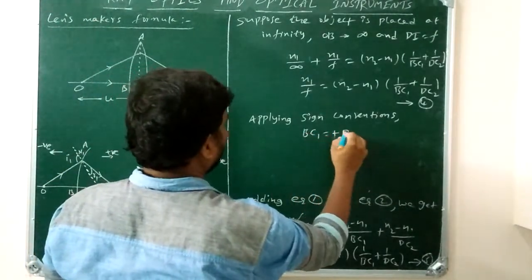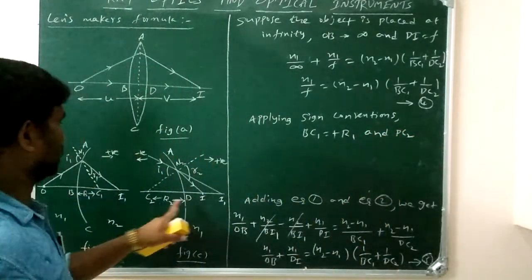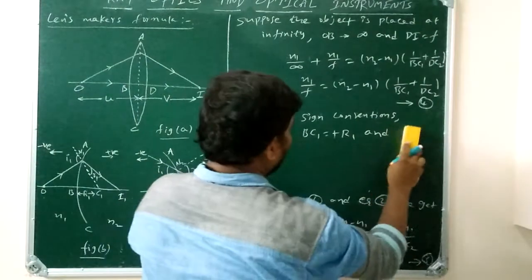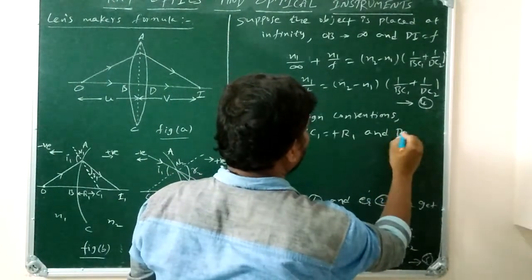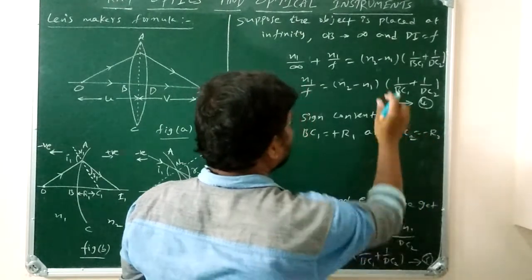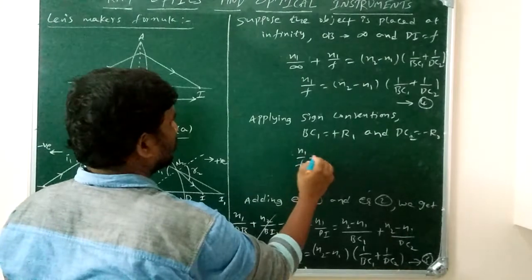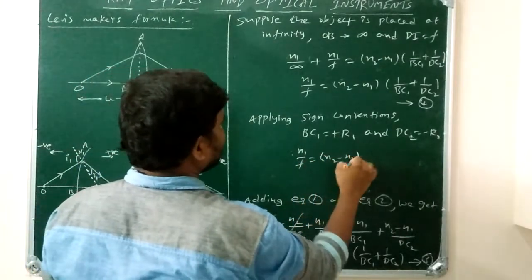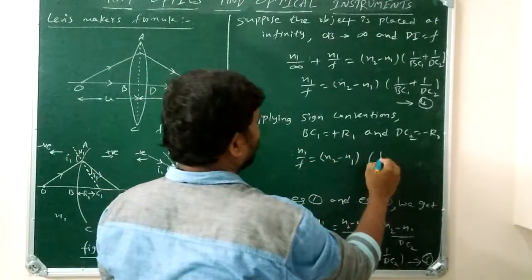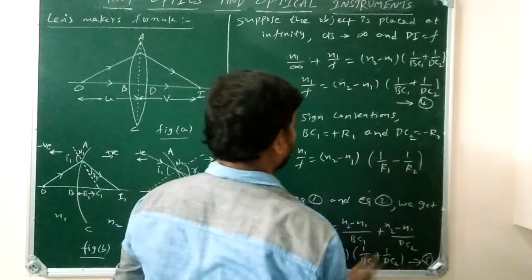BC1 equal to plus R1 and DC2 equal to negative, minus R2. Now substitute the sign conventions in the above equation. Therefore, n1 by f equal to n2 minus n1 into 1 by R1 minus 1 by R2.